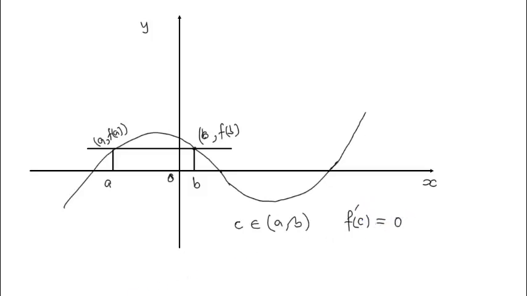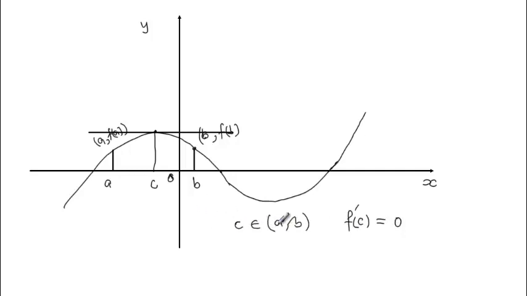which we can illustrate by saying that between these two points there's a point C in this open interval such that the gradient of the tangent line at that point C is equal to 0, meaning that the tangent line is horizontal, which means we can do something like this. Then having the tangent point there, the C we're talking about will be vertically below this point, and it will satisfy this condition.